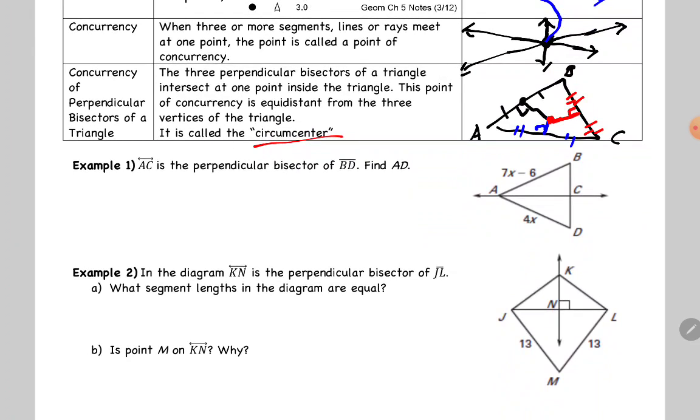Alright, example 1. AC is a perpendicular bisector of BD. Okay. So that gets split in half here. That means point A is equidistant from B and D. So that means 7x minus 6 is equal to 4x.